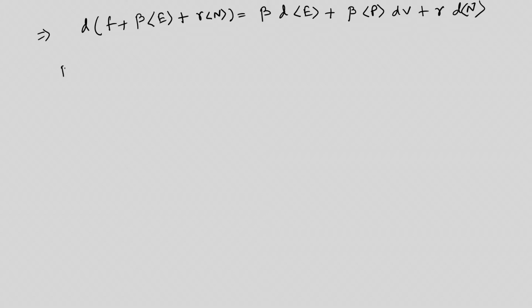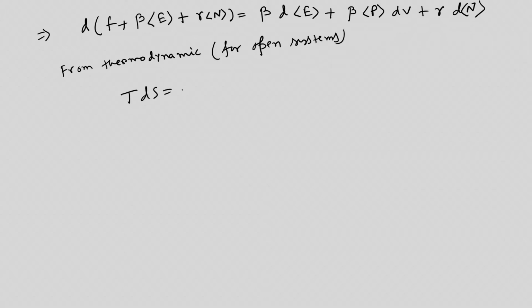Now from thermodynamics, for open systems, we know TdS is dU plus P dV minus mu dN. So this extra term needs to be incorporated for open systems.